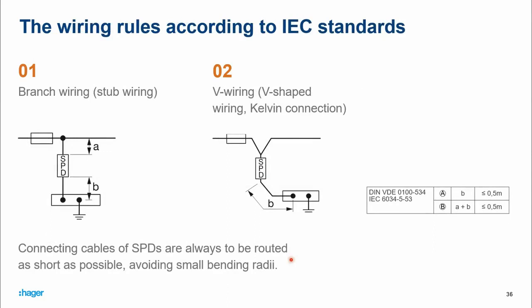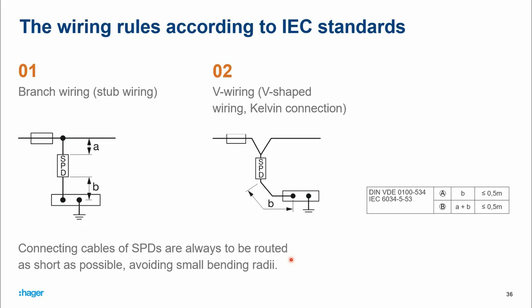Now let's come to the SPDs' connections externally. How are the SPDs connected externally? There are two ways to connect them: the parallel way, which is also called branch wiring, or the series way, which is also called V wiring. The cables to the SPD must be as short as possible.